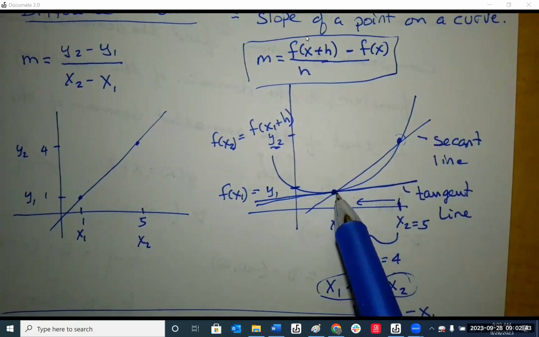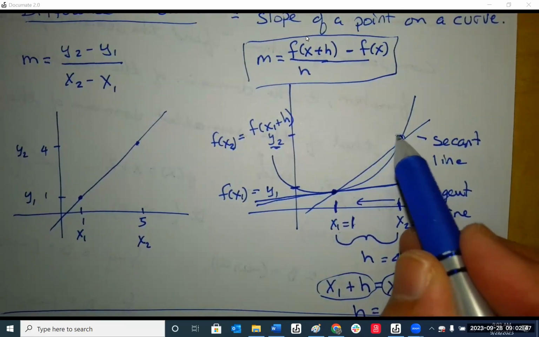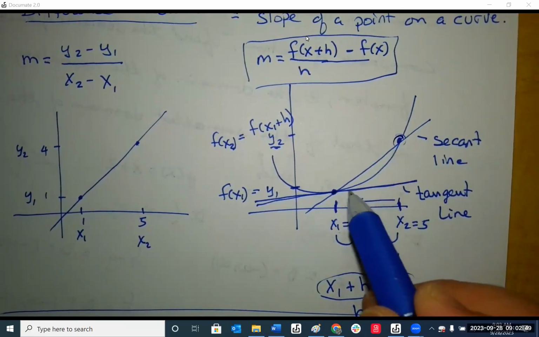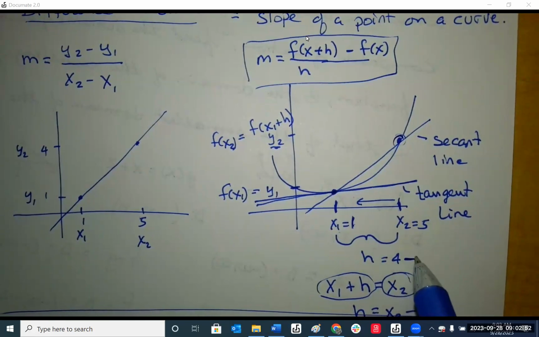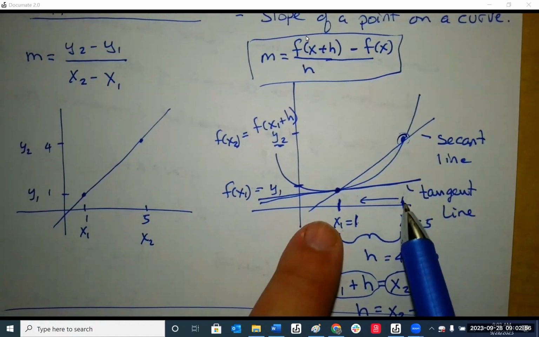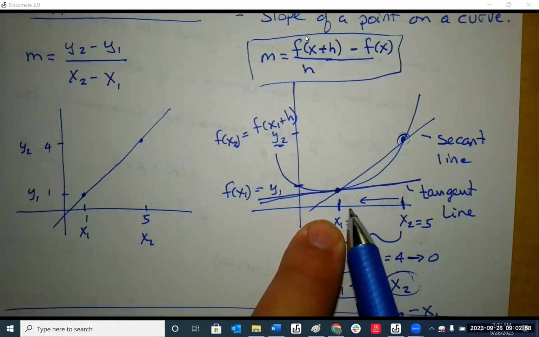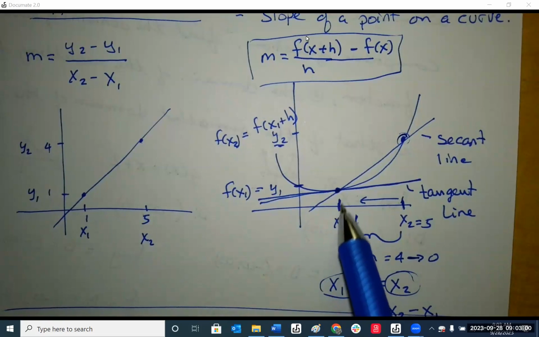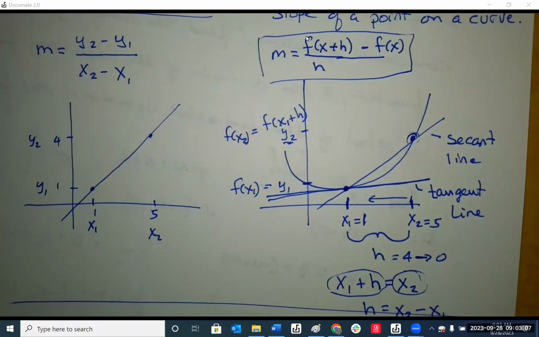As long as you give me x1, the first point, I want to take the second point and make it move closer and closer and closer. In other words, I want h to go closer to 0, because as soon as this distance h becomes 0, then x1 and x2 are the same point. Let's see how this works now.